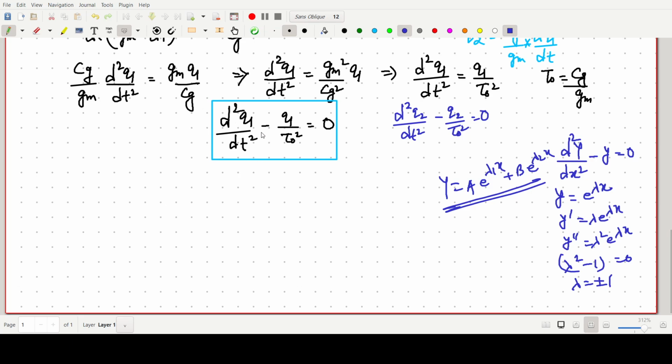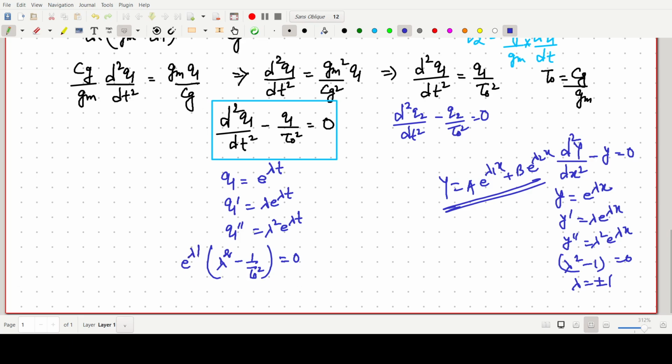So here q1 can be written as e to the power lambda t. So q1 dash is lambda e to the power lambda t, and q1 double dash is lambda square e to the power lambda t. Okay, now from this one we can make it lambda square minus 1 by tau naught square. After putting all these values in this one, q double dash being d2q by dt square, equals to 0 into e to the power lambda t. So it should be 0.